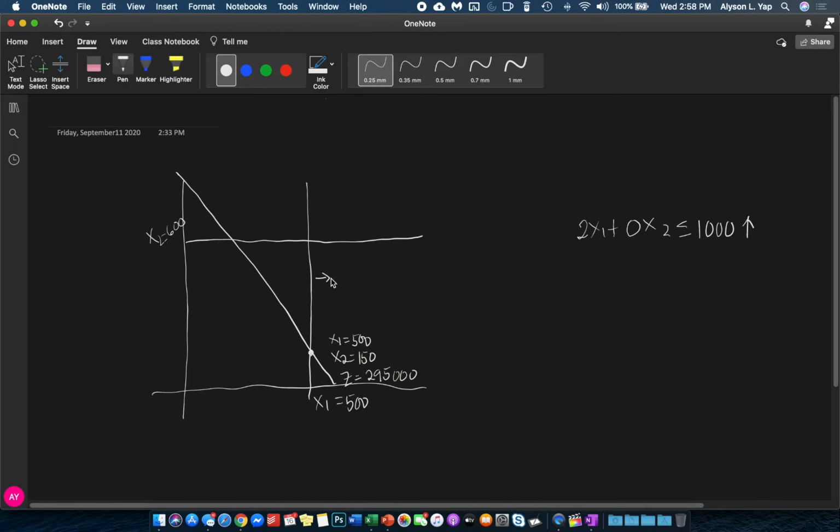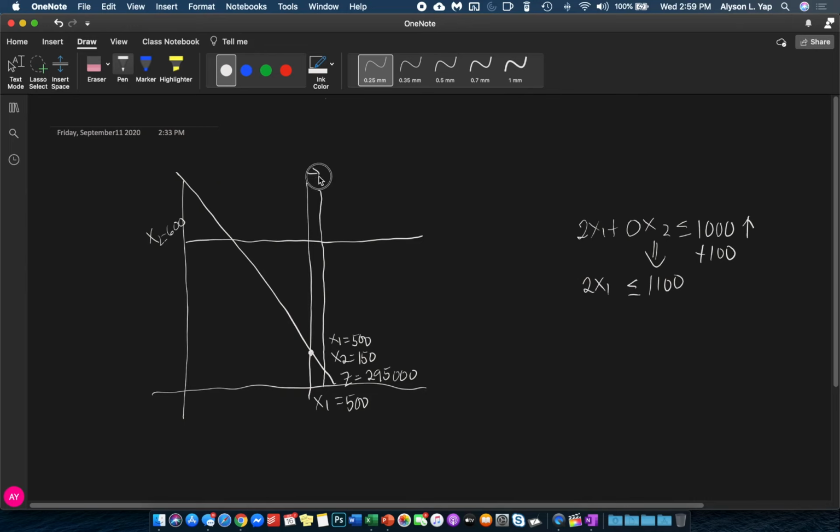Okay, and let's say your 1000 we increase by, let's say, 100, and therefore this becomes 1100. What will happen is this vertical line will shift to this line.